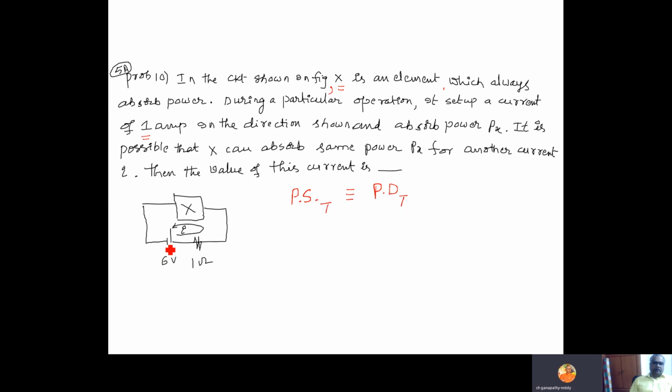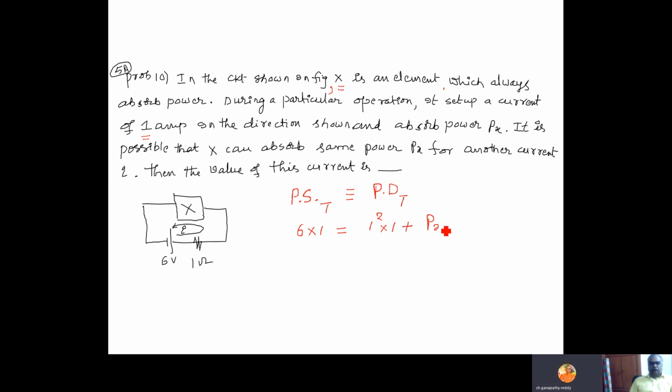How much is it supplying? This 1 ampere is flowing from negative to positive, so 6 volts with a current of 1 is the supply, equal to what the resistor dissipates, that is 1 squared into 1, plus Px.